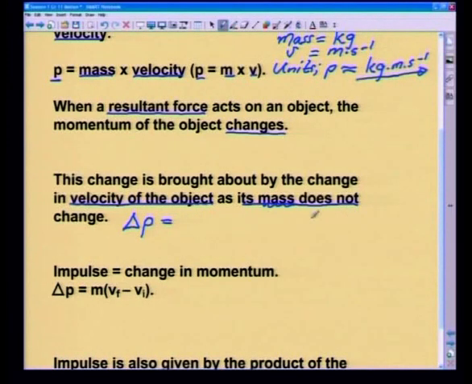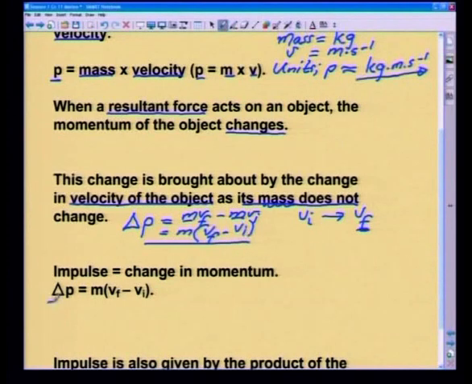If the velocity of the object changes from v initial to v final, the change in momentum will be the momentum of the object at the final velocity, v final, minus the initial momentum of the object. But m is common, so mathematically we can factorize it out: m times v final minus v initial. That is the equation we have come to.